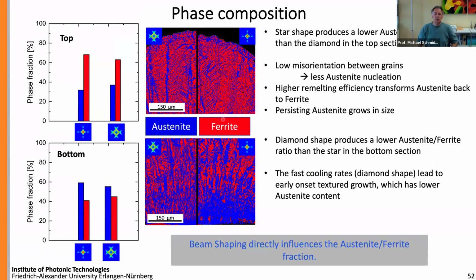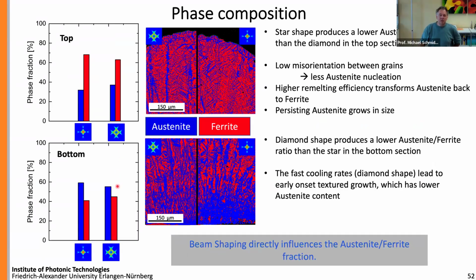So interestingly, what we see when we look at the top of the part that we built, we have a lot of ferrite, as you can see here, for both of them. A bit less for the diamond compared to the star, and accordingly the austenite behaves differently, which is interesting.